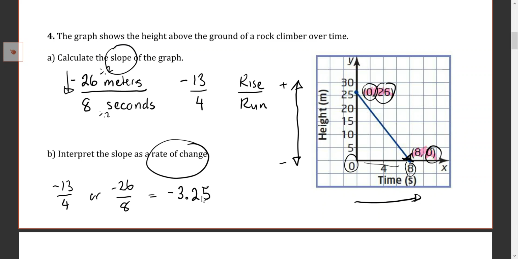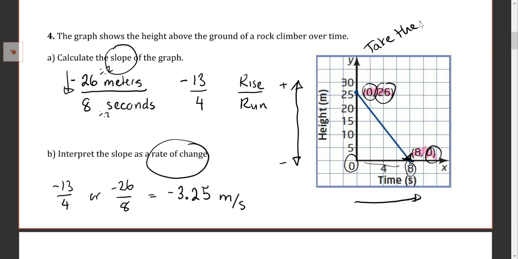Negative, so it's negative 3.25 meters per second. Yeah? Alright. Easy enough? Yeah.